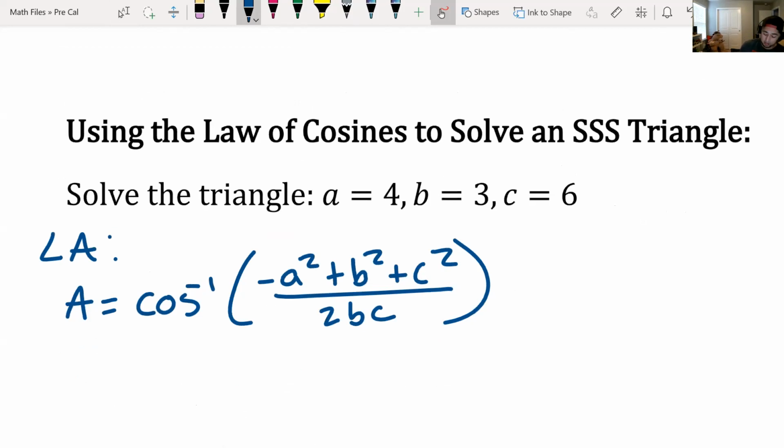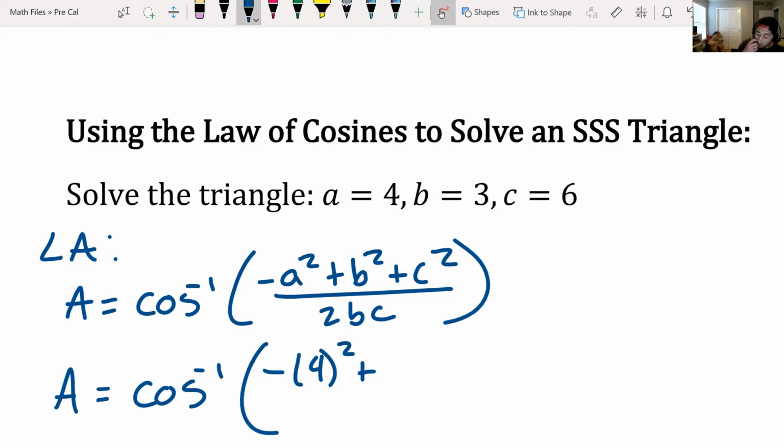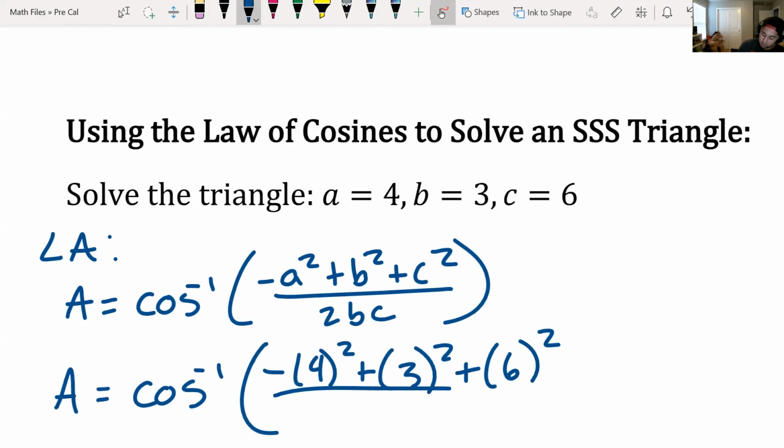So just plug everything in. A is equal to the inverse cosine of negative 4 squared plus 3 squared plus 6 squared over 2 times 3 times 6.